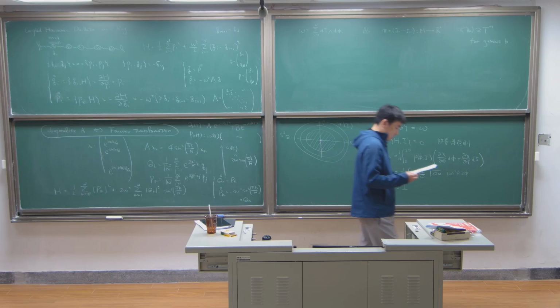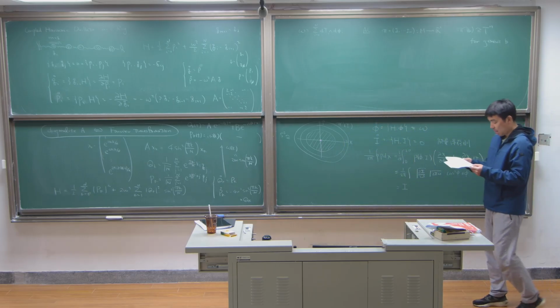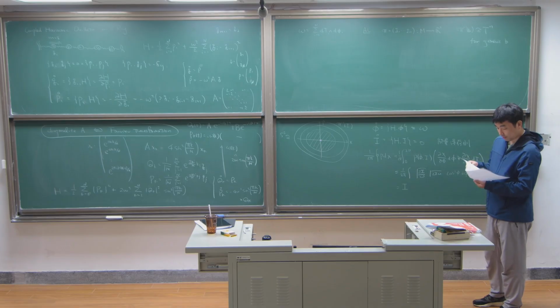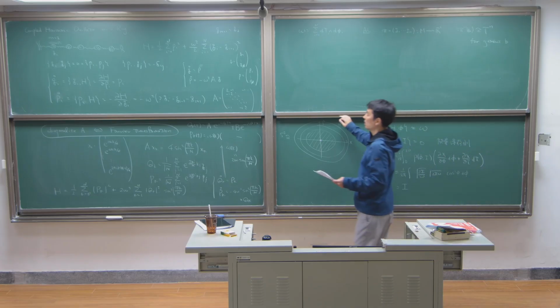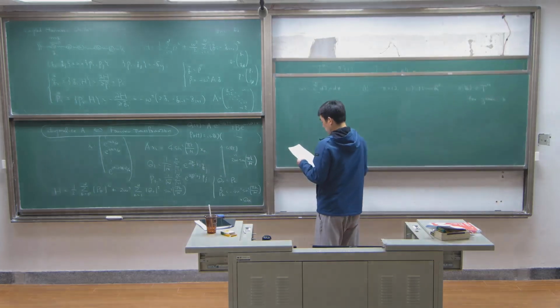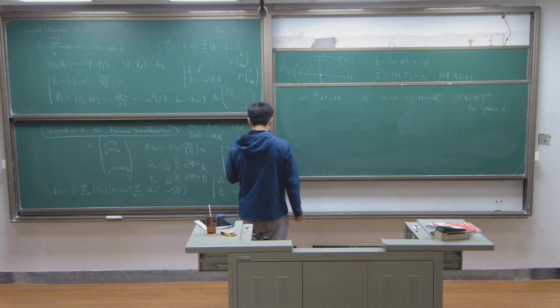Okay. And then the question is how do you find the Hamiltonian in this system? So to find the Hamiltonian in this system, we just do the following. What is the conserved quantity in this system?